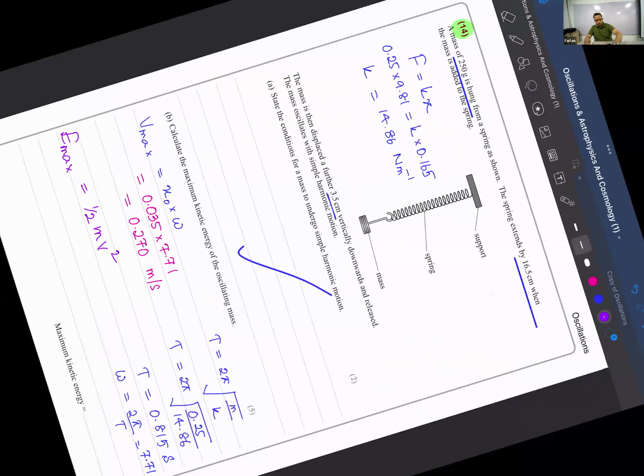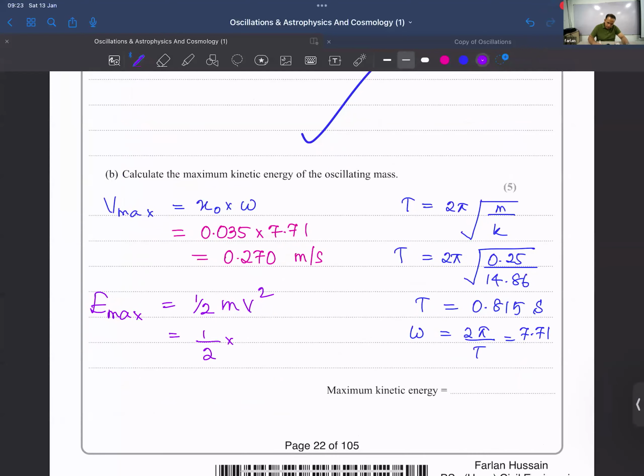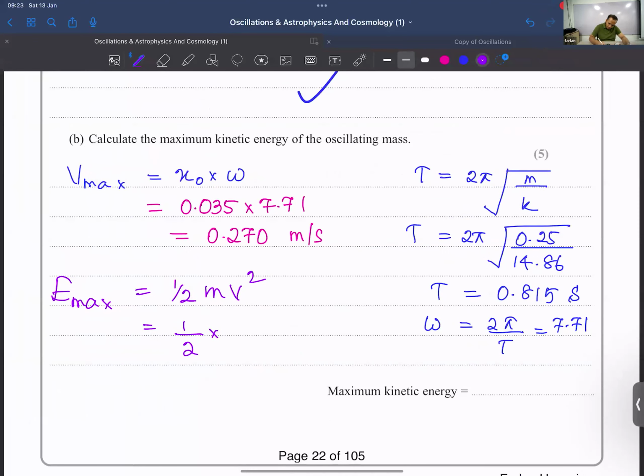So the half mv squared is now half into the mass, which is 250 grams, 0.25, into 0.27 squared, which is 0.0091 joules. Have you got this answer? Good.